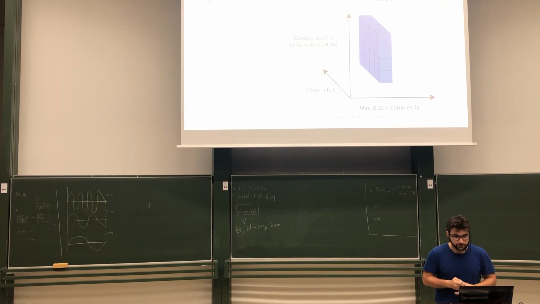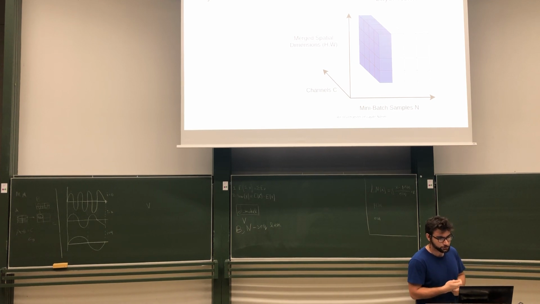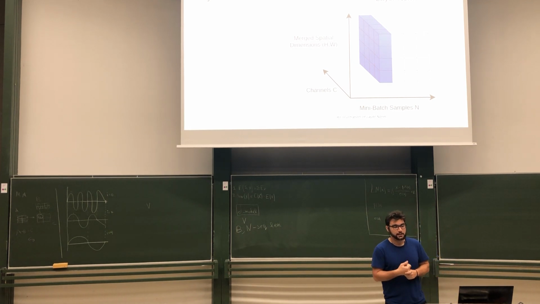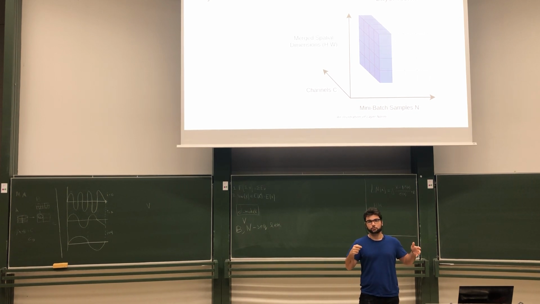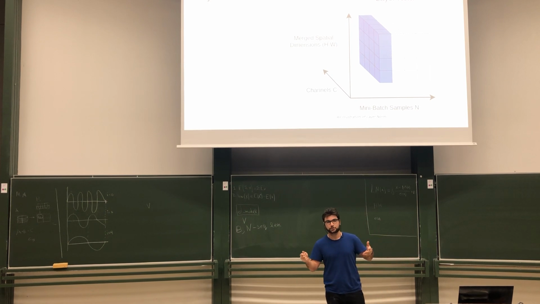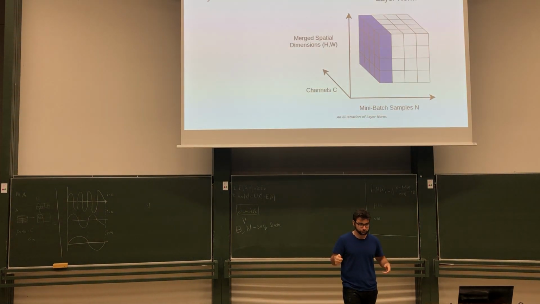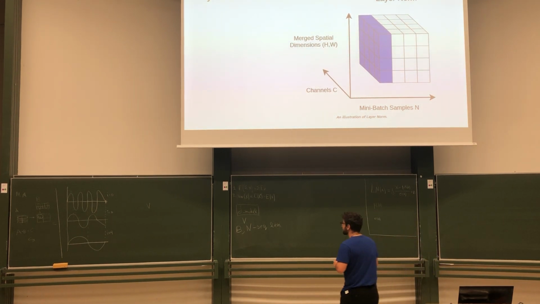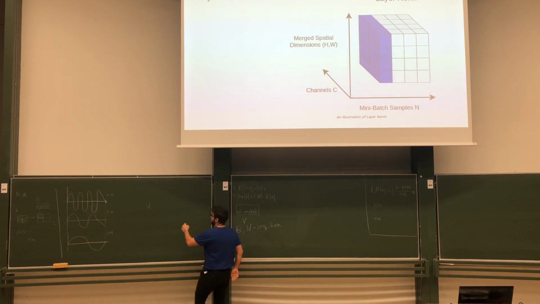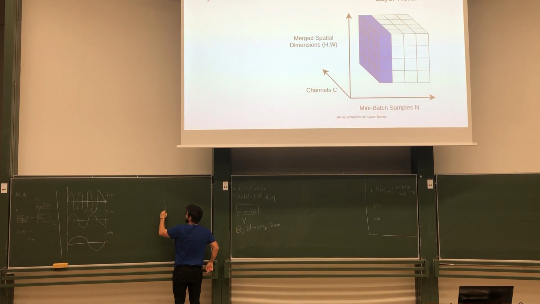Another critical component we will see in the transformer architecture is layer normalization, which is fundamentally different from batch normalization, which most components are actually still using even today. So layer normalization is different. I will draw again this three-dimensional space.